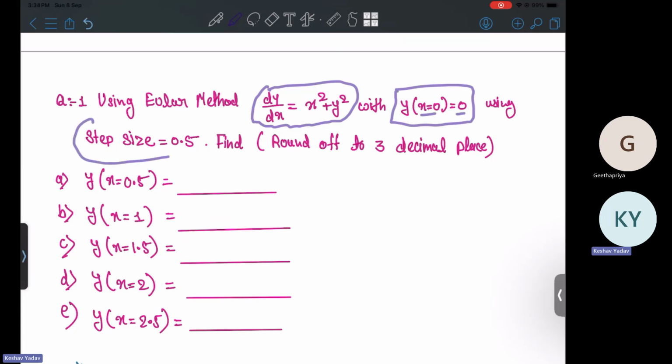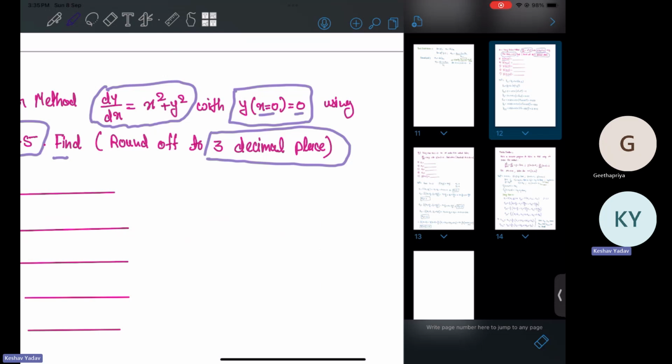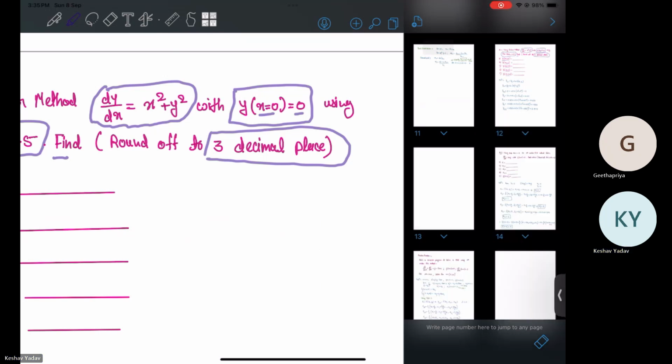We need to take the step size as 0.5, and find y at x equal to 0.5, 1, 1.5, 2, and 2.5. We need to round off our answers up to 3 decimal places. I hope you have written this question.